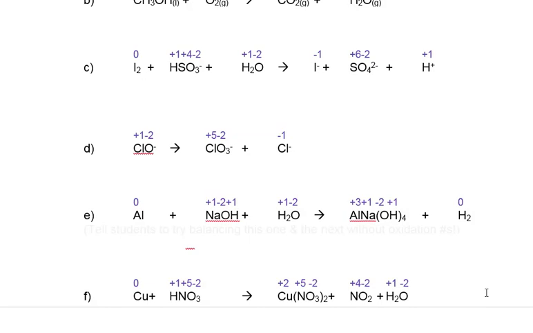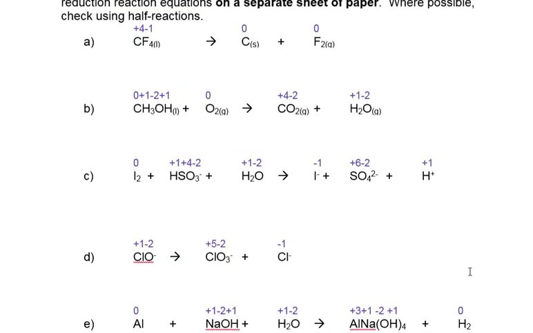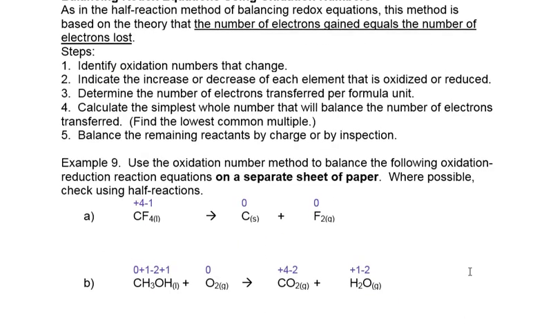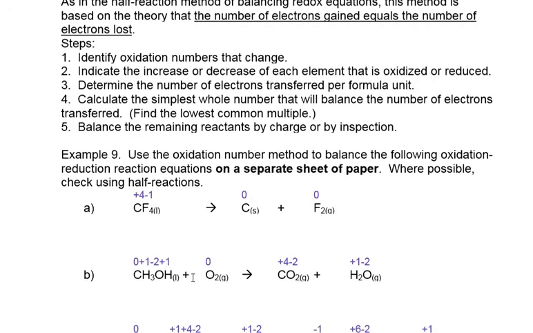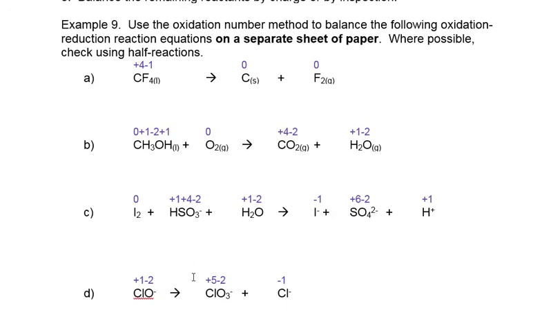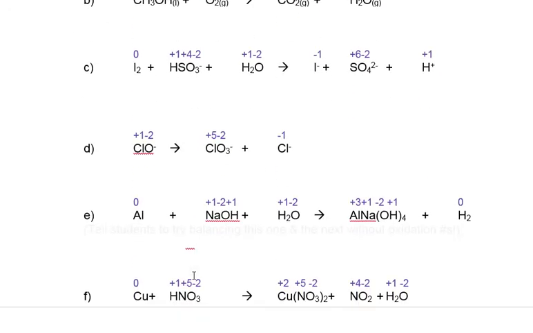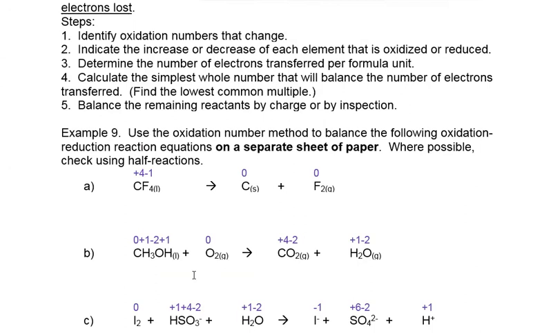Balancing them is going to be a bit more of a challenge. So we're going to look at the method with some easier ones, and then we're going to work our way up to those complicated ones. I'll probably do a couple easy ones as examples, we'll leave a few to try, and then we'll look at the complicated ones together in class.